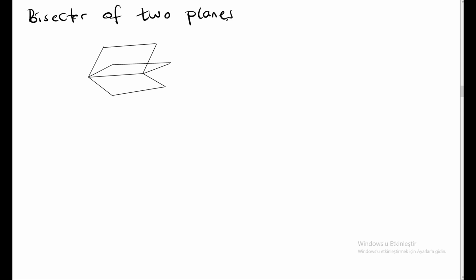Okay, so now if you have a point here, it means the distance from here to here and from here to the other plane will be the same, because this is the definition of the bisector, right?